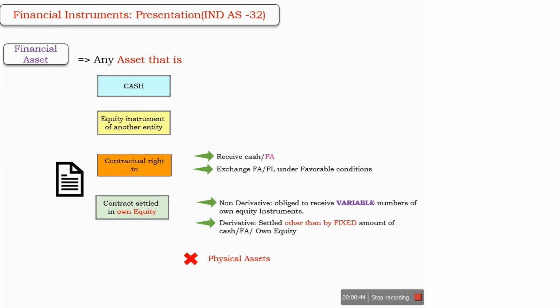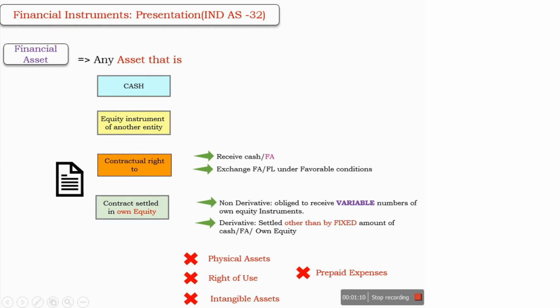So if we look at physical assets or right of use or intangible assets or prepaid expenses, these are not financial assets because they do not fall in any of these four categories: either cash, or equity instrument, or contractual right to receive these things, or a contract that will be settled in own equity.